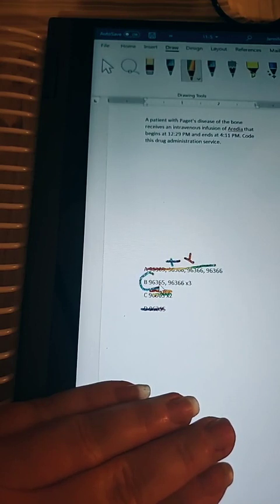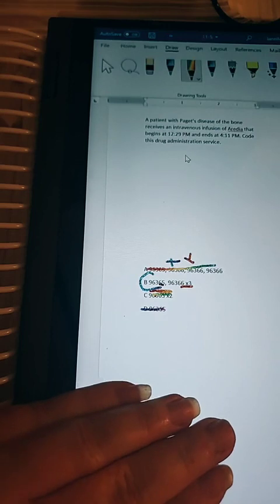I'm just not sure how they got, if that's for the 1 hour, how did they get 3 more hours out of that time zone? Because it's technically 3 hours and 43 minutes, somewhere around there.